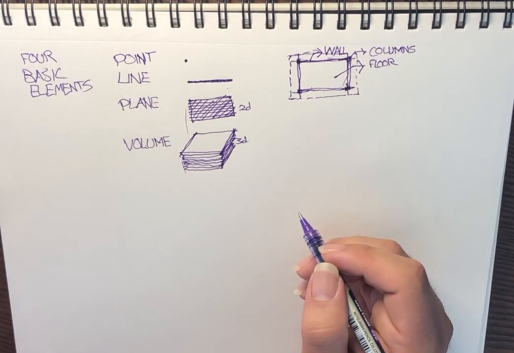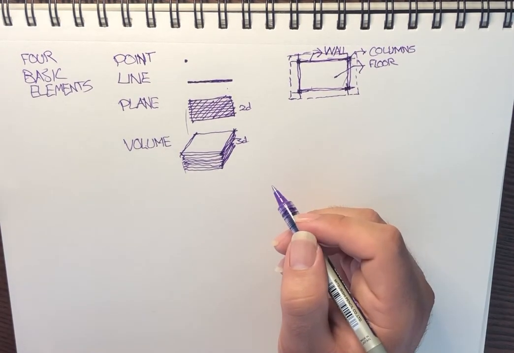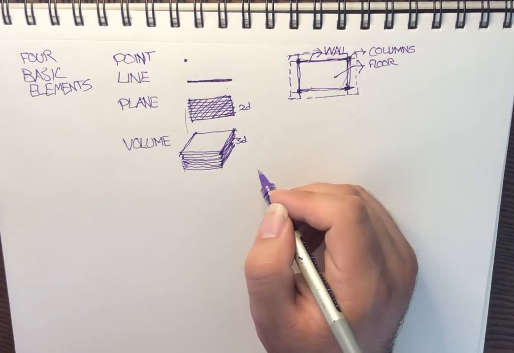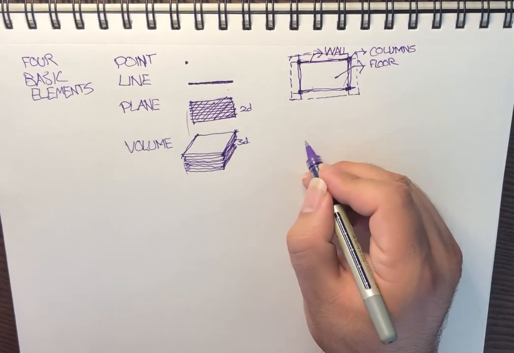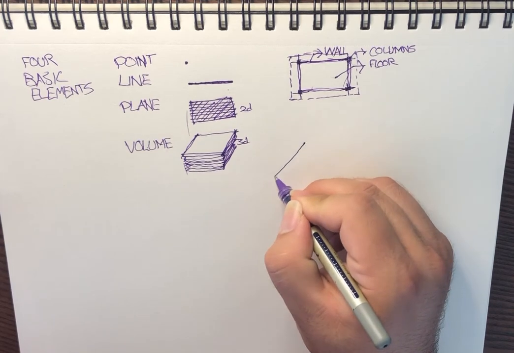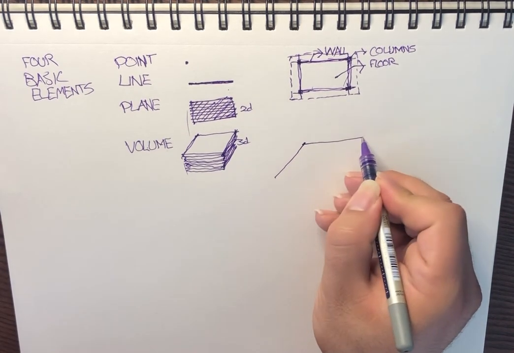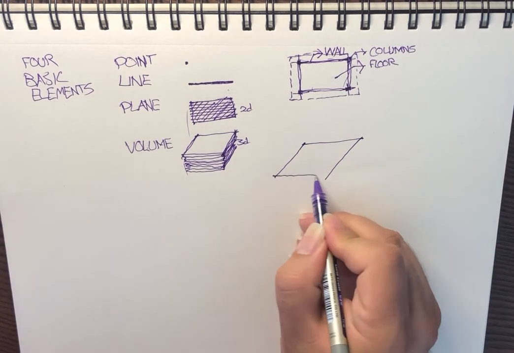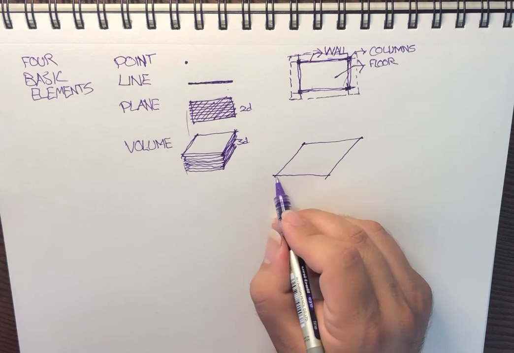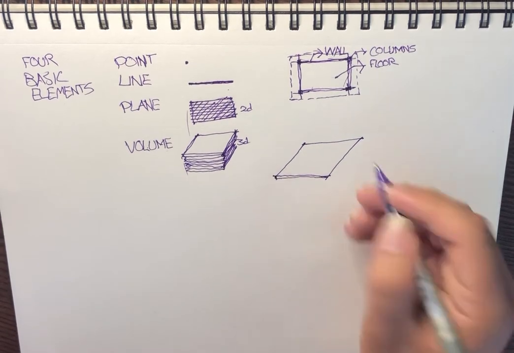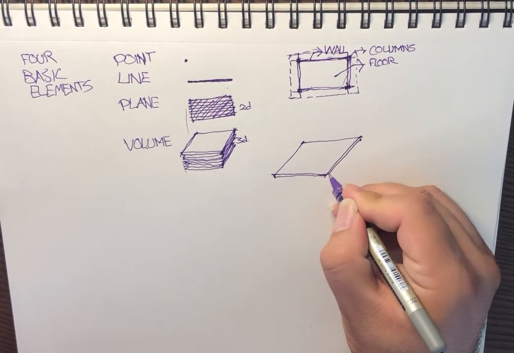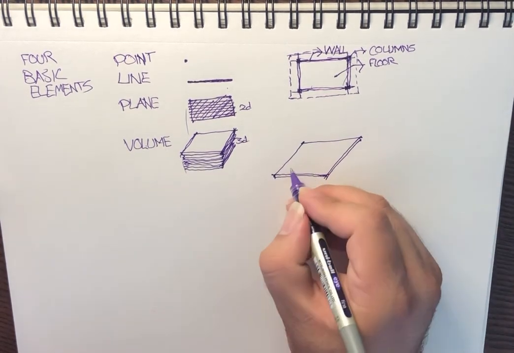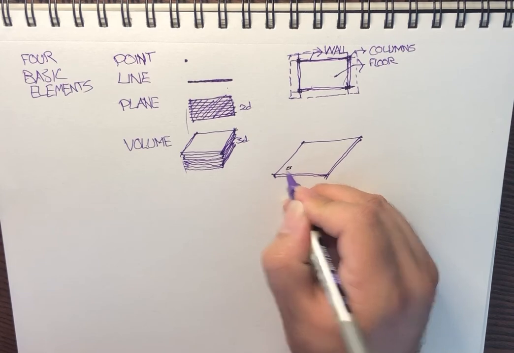And then if I want to show that in the three-dimensional shape, it would be first the ceiling with a thickness, and then we have our columns.